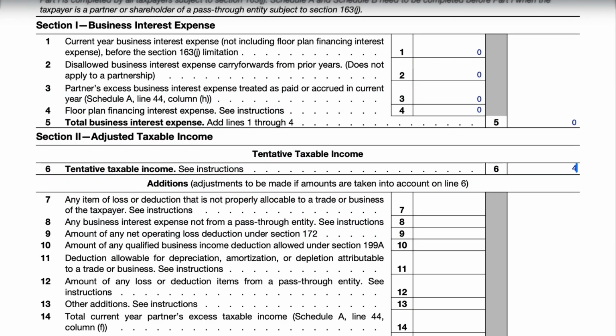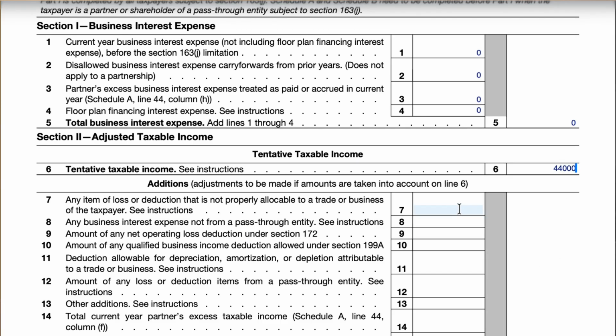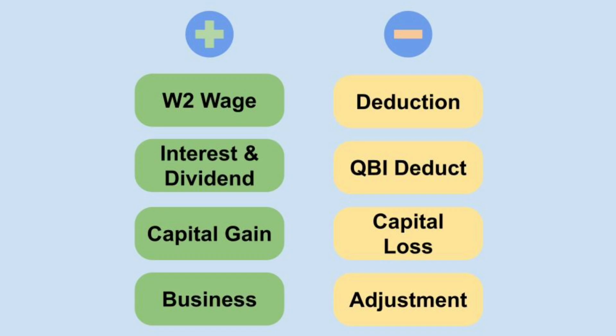The next two subsections, for most ordinary individuals, they're just trying to figure out your net business or trade income if you have one. If you have a more complicated tax situation, of course, that could be more complicated. The taxable income on your 1040 line 15 is usually composed of these items: W2 wage, interest and dividends, capital gain or loss, other income, for example, your personal business income.